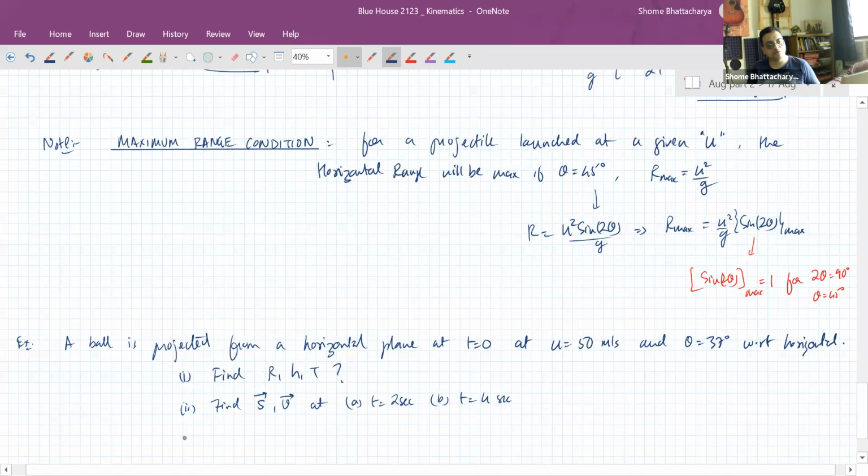And then next we will find the displacement from t equal to 2 seconds to t equal to 4 seconds, and the average velocity.